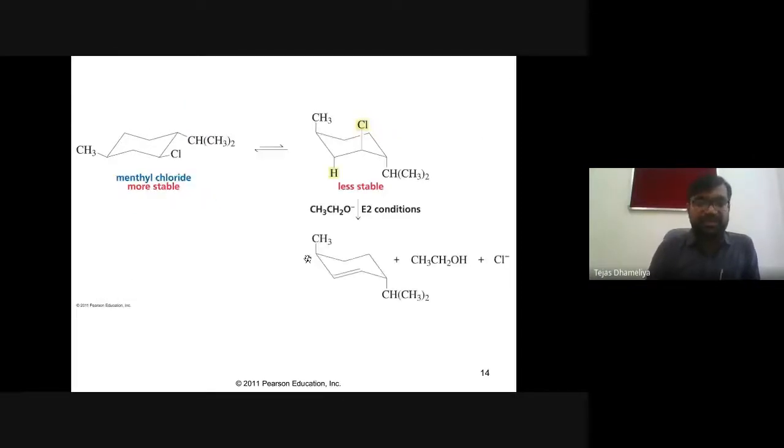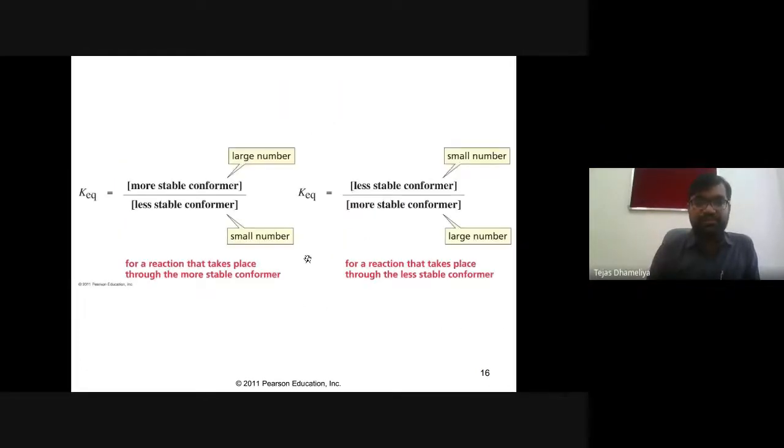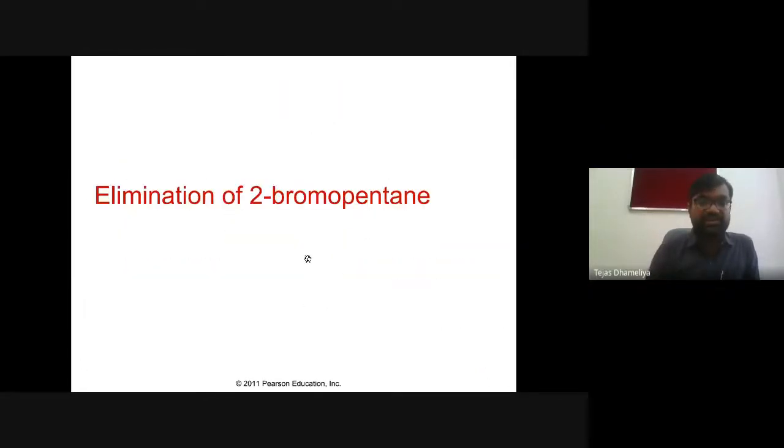Okay, I'm going to skip a few slides so that I can discuss further importance of this. After this significant amount of discussion of the elimination reaction, we found that this is basically a second order reaction, where the rate depends upon the concentration of alkyl halide and the base. That's why it is second order.